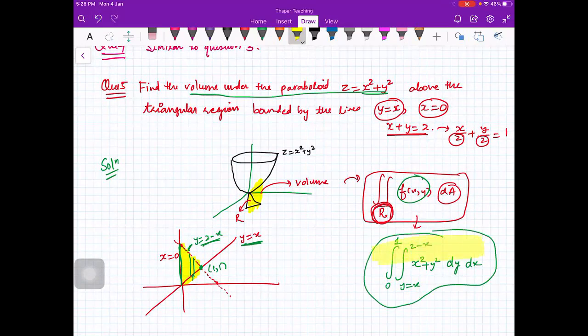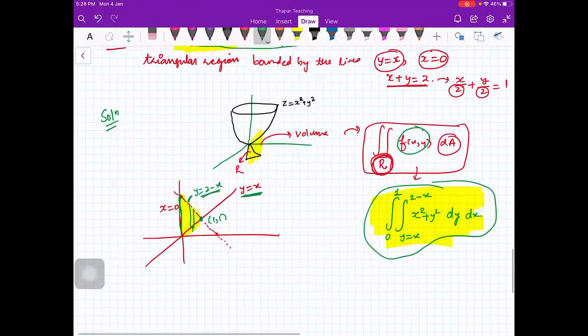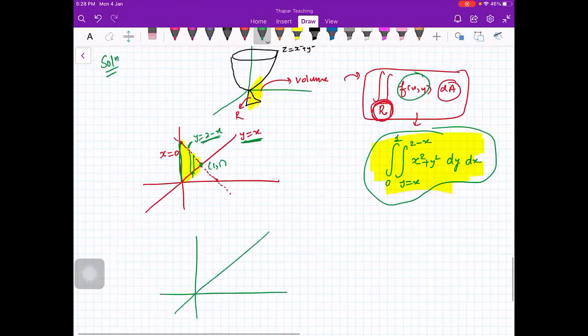Here you see in the problem, nothing is given about what the integral is. You are just asked to find out the volume. And there is one point to note in this problem. If you draw a vertical line, this is your figure, something like this. If you draw a horizontal line instead, what will happen?